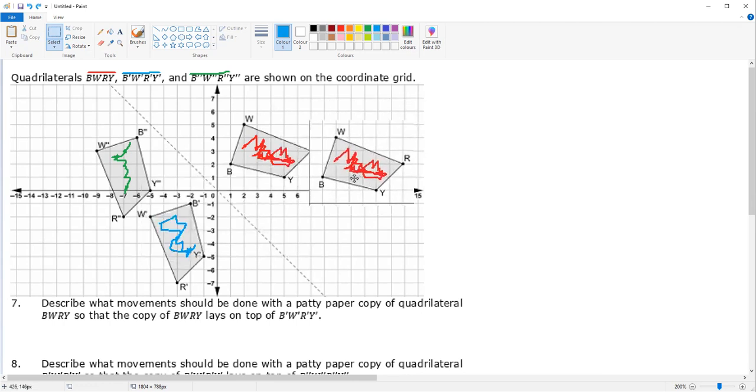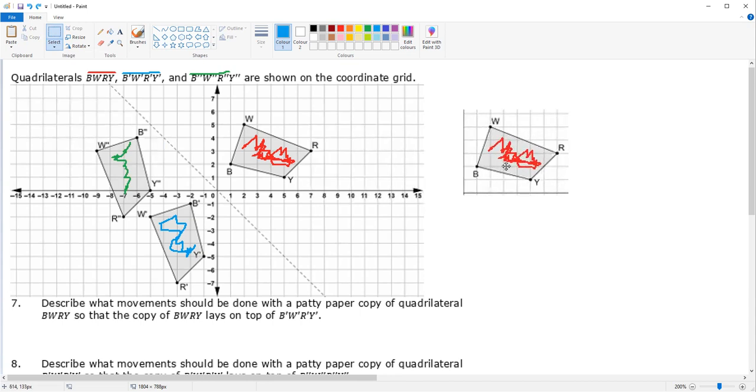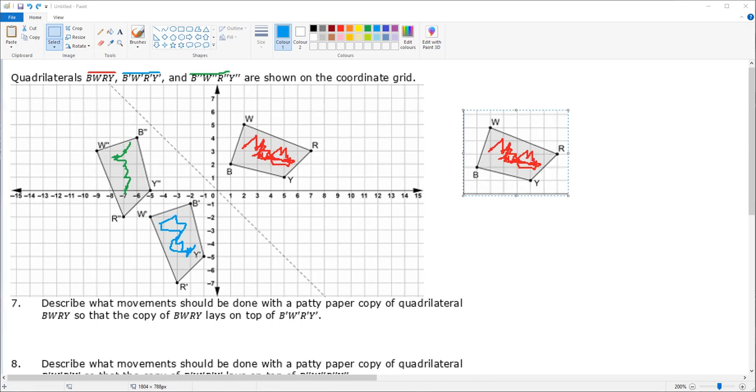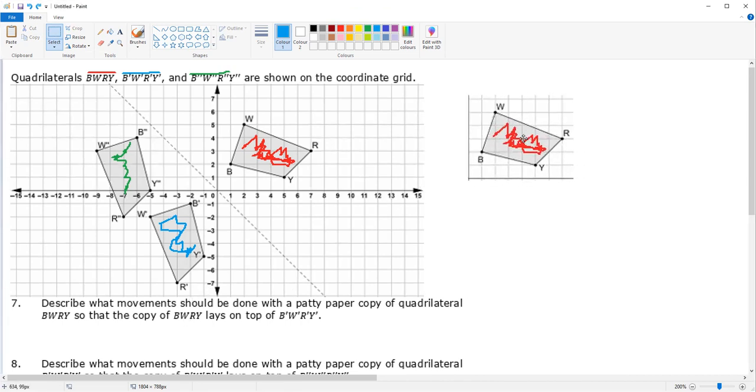Okay. So describe the movements, which should be done on patty paper with a copy of the quadrilateral, so that this red overlies blue.